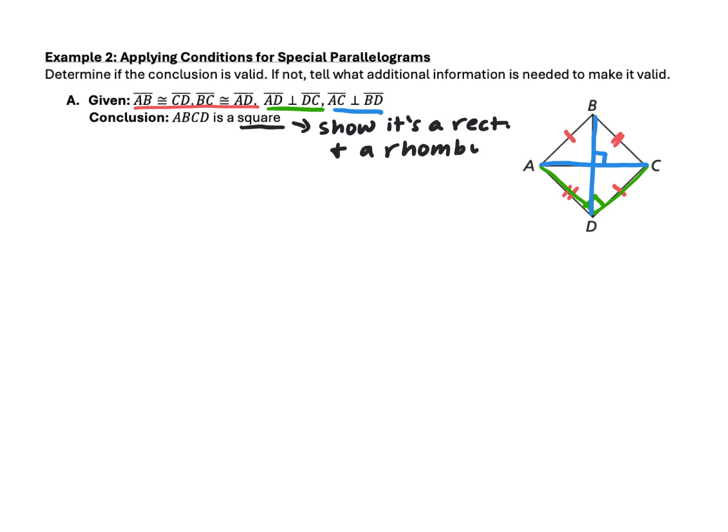Because to be a square, it needs to be both. All of the conditions for rectangles and rhombuses that we've discussed in this section have started with parallelograms. So the first thing we need to do to determine if this conclusion is valid is to see if we have enough information to show that ABCD is a parallelogram. So for step 1, I'm going to start by showing that ABCD is a parallelogram.